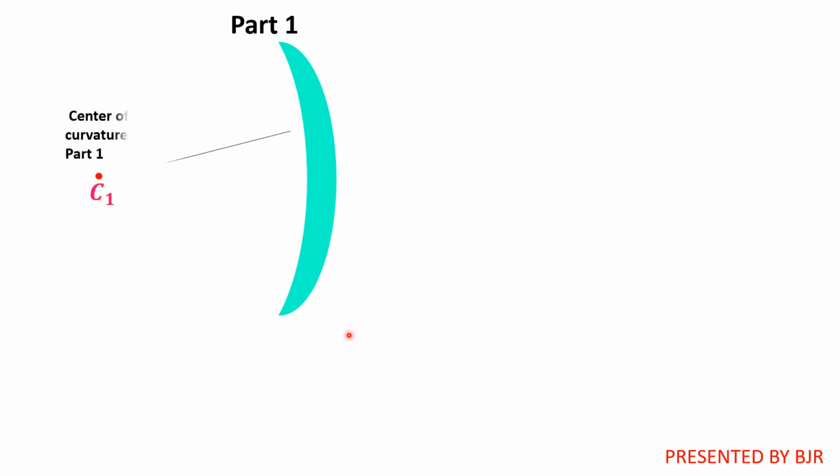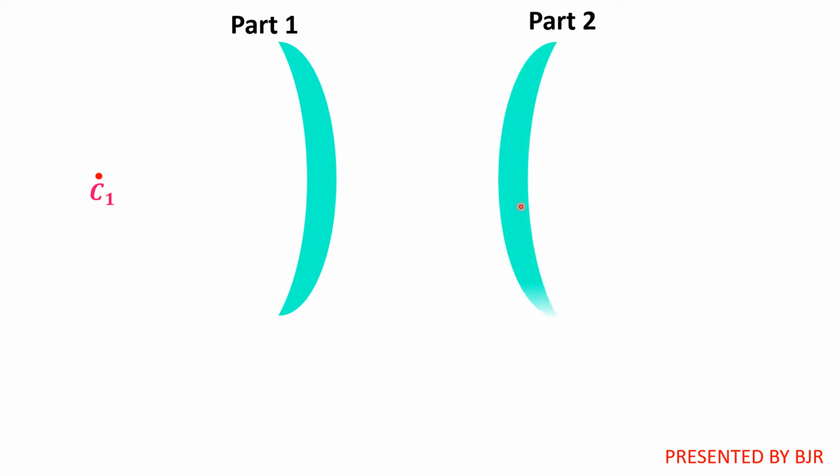This is the part 1 I have taken from the sphere 1, and its center of curvature is C1, here. This is the first part I have cut from the sphere 1, and here is part 2. This is the second curved part I have taken from the sphere 2, and its center of curvature is C2.